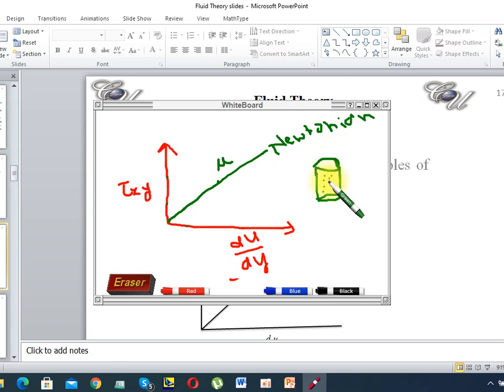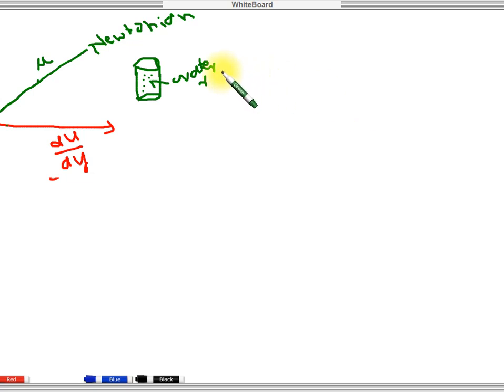If this is water inside the glass and you are using the spoon to stir it, after some time check the nature of this fluid again: does it become thick or remain the same?